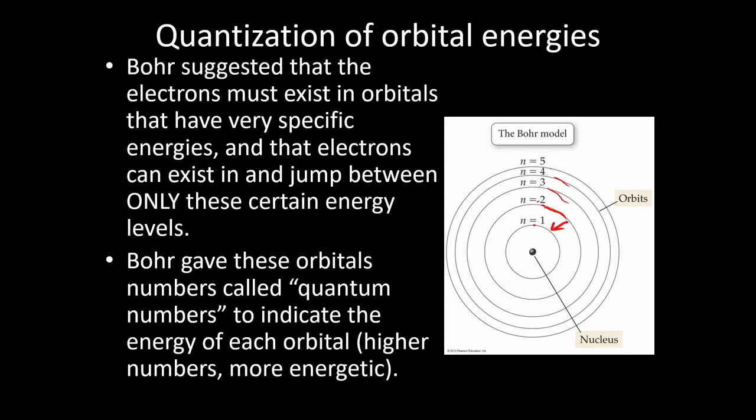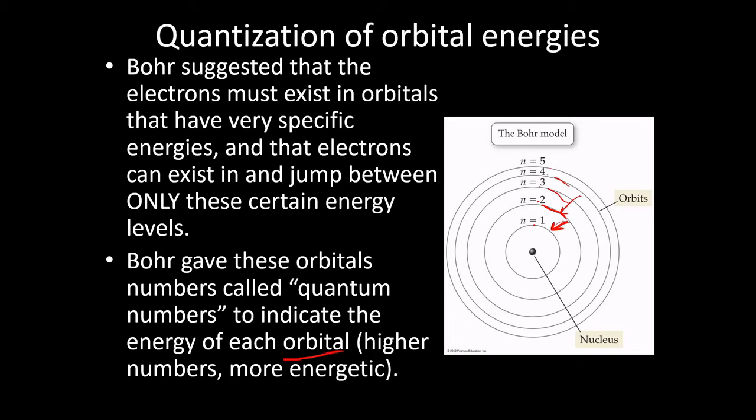If they just dropped from one to the other through space, then they could give off a spectrum of light, continuously bleeding off energy as it drops from 2 down to 1, or from 4 down to 2, whatever the move is that the electron is making. Bohr called these energy levels orbitals.